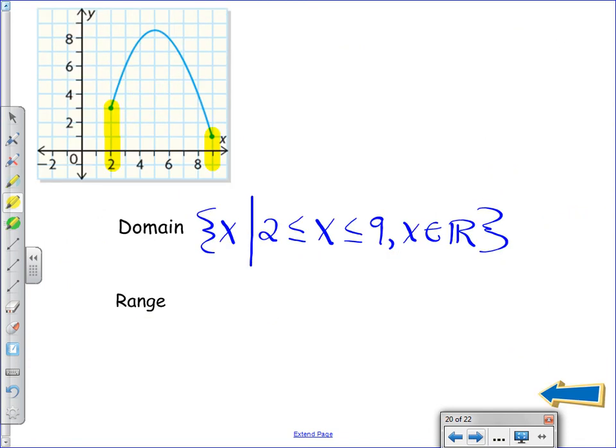Okay. My range. Can I have someone who wants to try? What do you think I'll write for the range here?